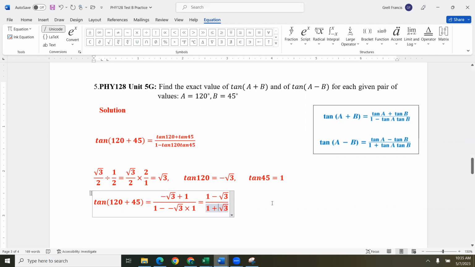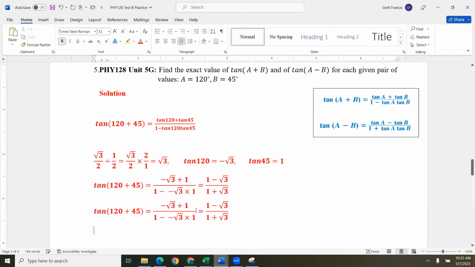And tan of 120 minus 45, we can easily calculate this. That would be tan of A, that would be minus root 3 minus 1 over 1 plus minus root 3 times 1. So minus root 3 minus 1 remains as minus root 3 minus 1.